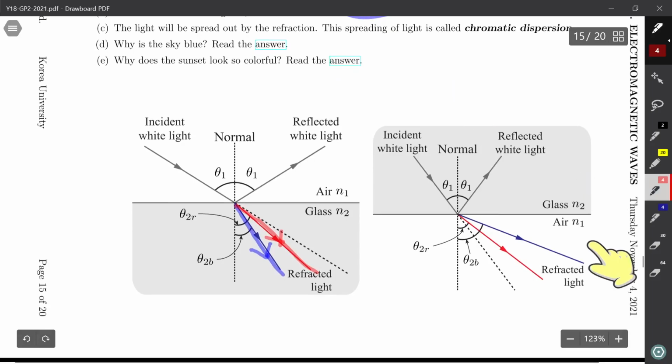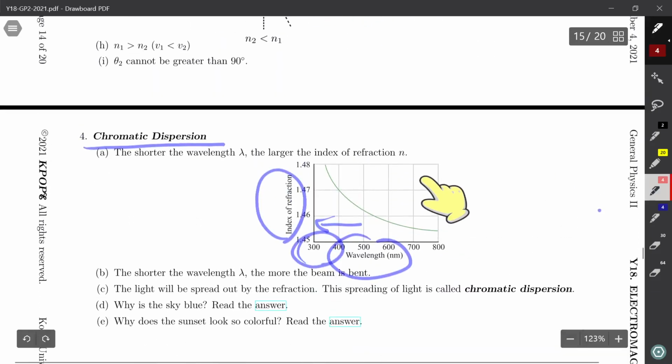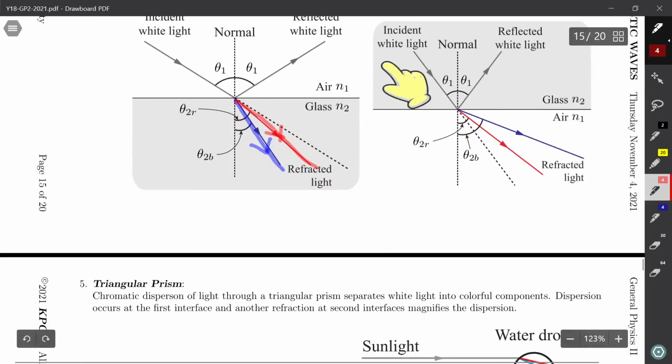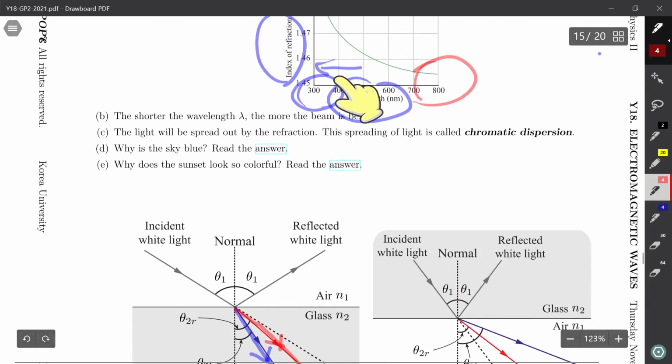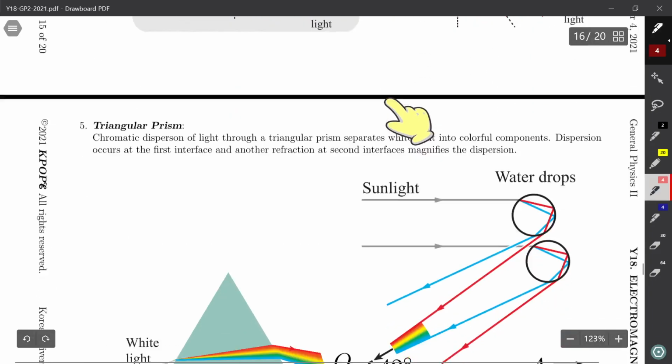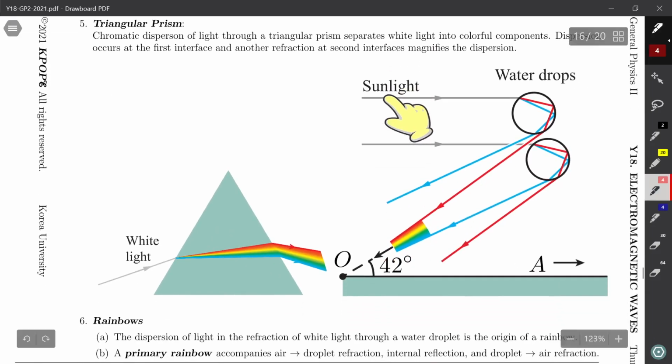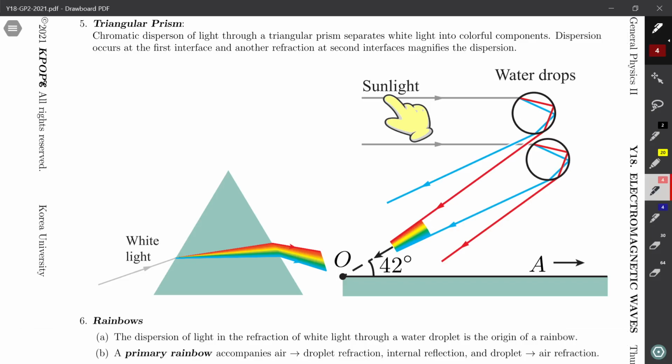From glass to air is the opposite direction. Anyway, red light, with a longer wavelength, tends to go more straight than the shorter wavelength. Because of this, we have chromatography.